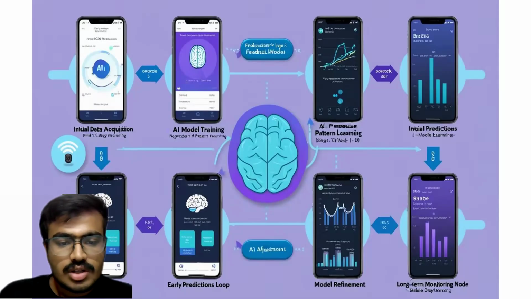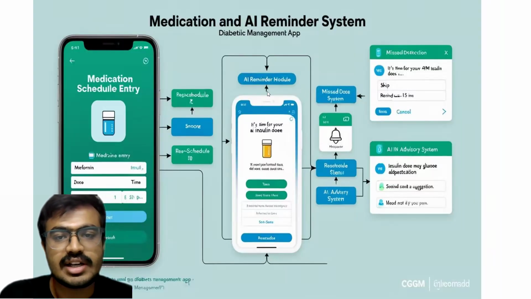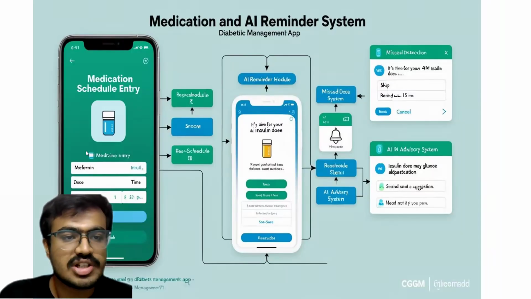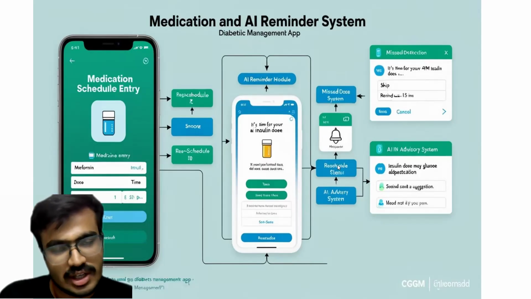Coming to the next, I have also planned to integrate an AI reminder module in which the medication schedule will be entered. Then the reminder module will remind the patient at that time, which the patient can reschedule, but it will buzz again.